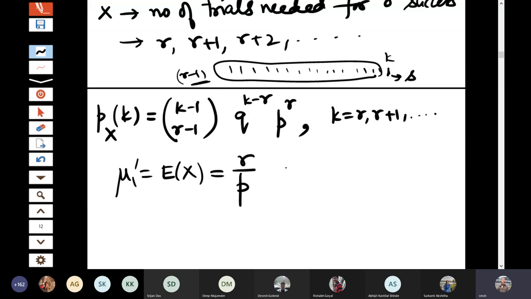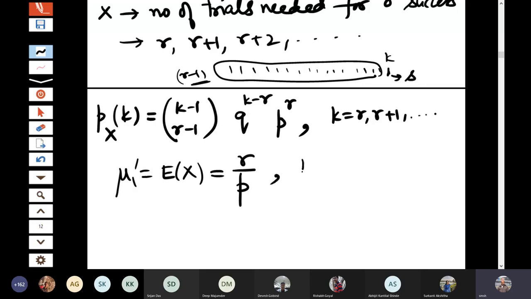Again, you can see the interpretation. What was the expected number of trials to get the first success? It was 1 by p. So what is the expected number of trials to get r successes? It will become r by p, because for each of them you need that many trials.